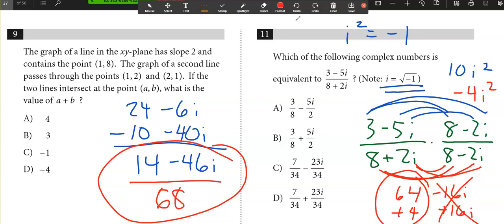Definitely minus in the middle, so it has to be A or C. But look, they took a 2 out of everything. That's why C is the correct answer. So they just reduced it. That's all they did.